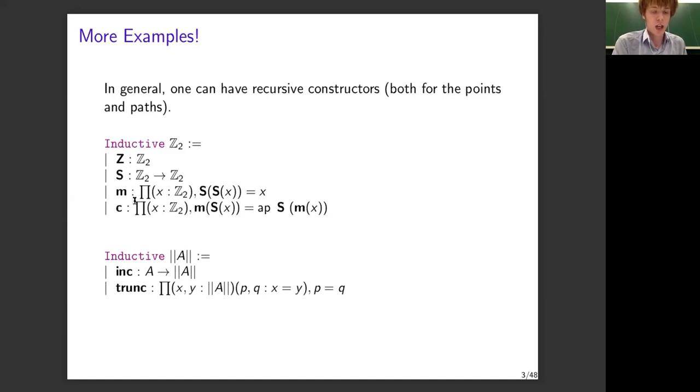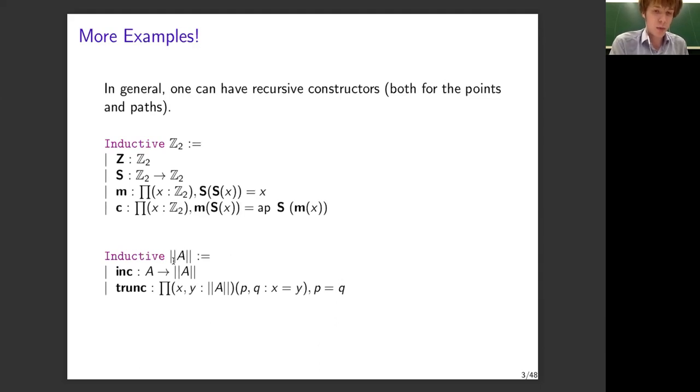There also are two recursive path constructors, M, which depends on an X of type Z2, and a two-path constructor, C, which also is recursive. In this type, you see recursion only with points, so only with elements of Z2. But in higher inductive types, you might also have recursive path arguments, so paths between points of the higher inductive type being defined.